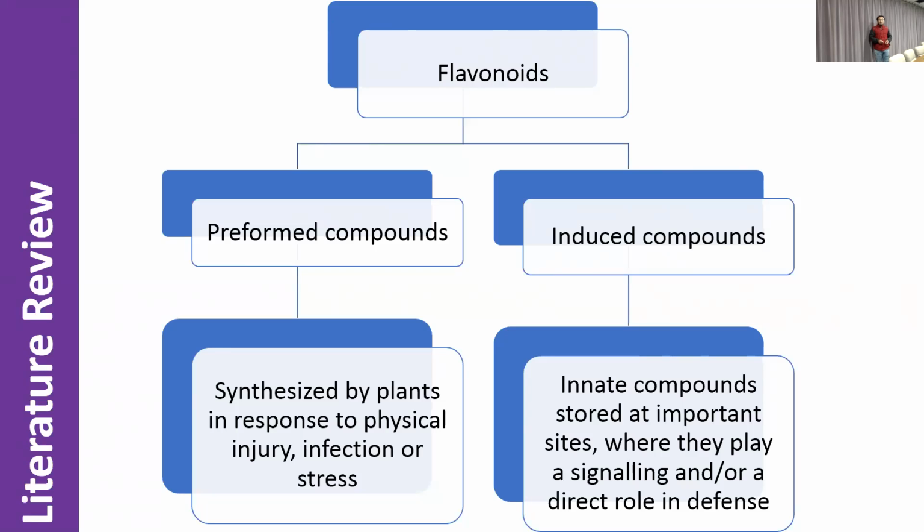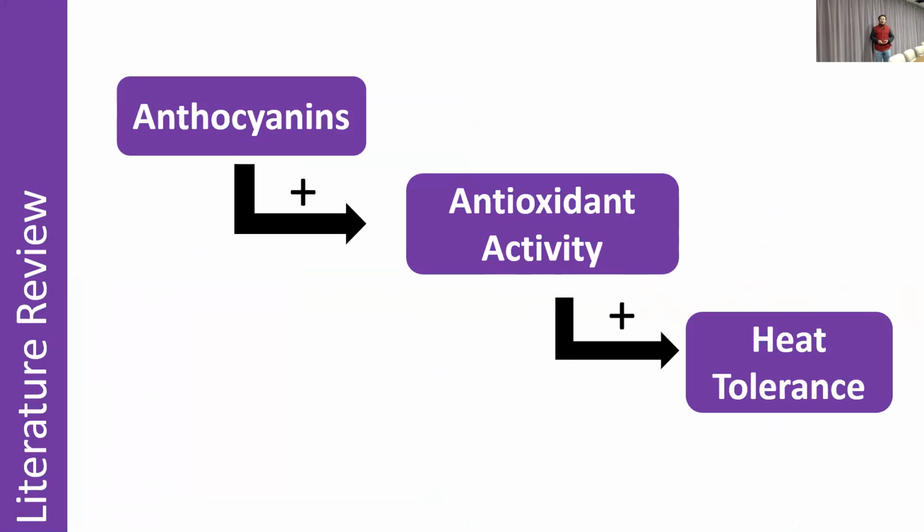The induced compounds are synthesized by plants in response to physical injury, infection, or stress, whereas the preformed compounds are already present in the plants and play a direct role in the defense system. Furthermore, as I already told you, anthocyanins have antioxidant activity, which in turn helps to tolerate heat within the plants.